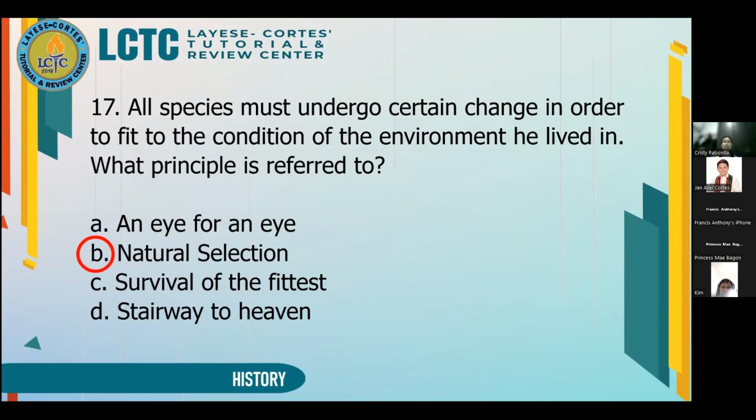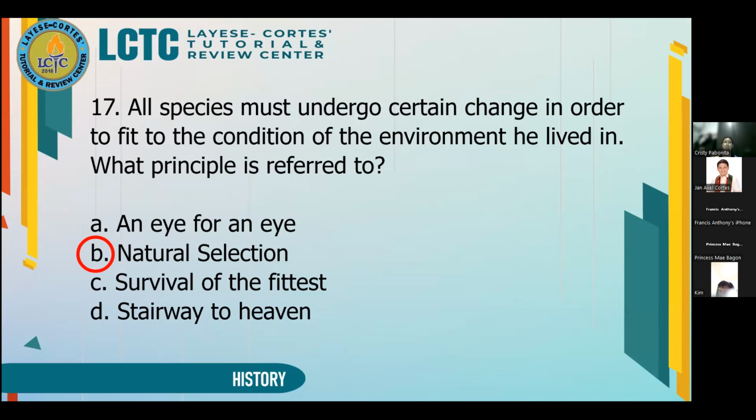Who is the proponent of that theory? Are you familiar with the proponent of the theory? Charles Darwin, ma'am, natural selection. Yes, Charles Darwin. The theory of Charles Darwin is natural selection theory and not survival of the fittest. Okay, so we will clear this up. What is survival of the fittest?